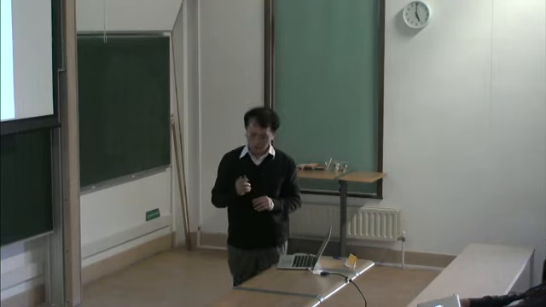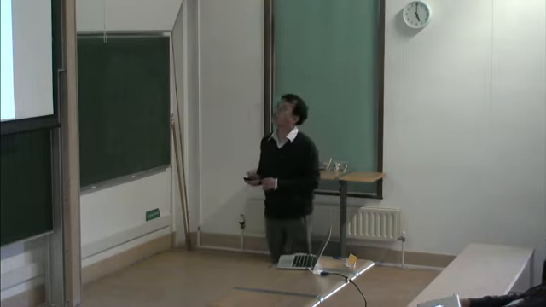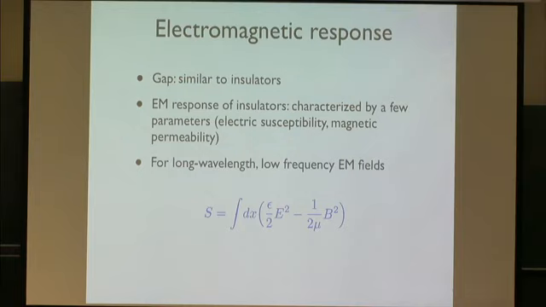So let us think about the electromagnetic response of a quantum Hall system. What happens if we put an electric field on the system? Since our system has a gap similar to insulators, it would be useful to remind ourselves of the theory that describes the electromagnetic response of insulators.